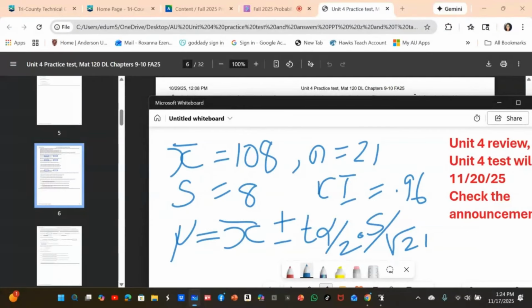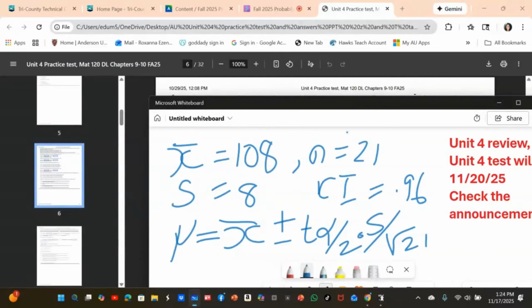Your calculator will give you all this, but you want to make sure you can plug into the formula, just in case you're told to do the work without a calculator.